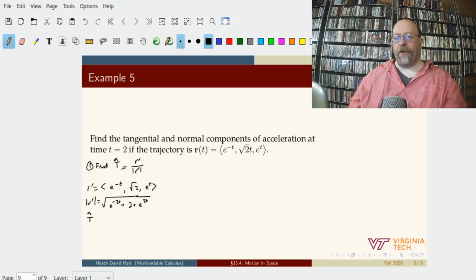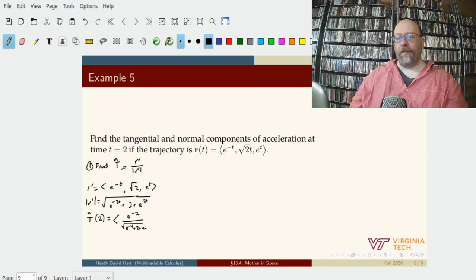And so the T vector at time 2 will be e to the negative 2 over the square root of e to the negative 4 plus 2 plus e to the 4th, comma, square root of 2 over all of this, square root of e to the negative 4 plus 2 plus e to the 4th, comma, e to the 2 over the square root of e to the negative 4th plus 2 plus e to the 4th.